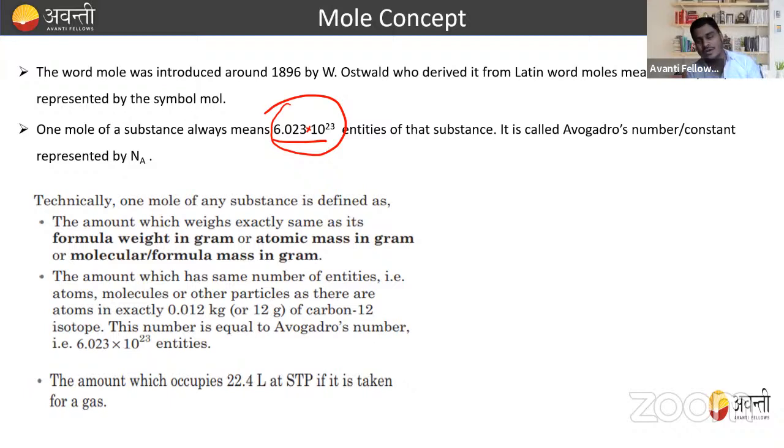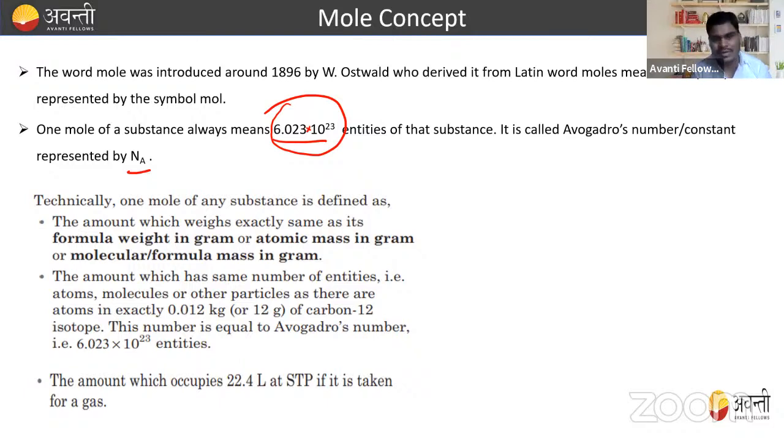So this is the whole idea about the concept of 1 mole. 1 mole of a substance always means this many entities of that substance. It is also called the Avogadro number, or Avogadro constant, and represented by Na. So how will you represent it with the mole concept?